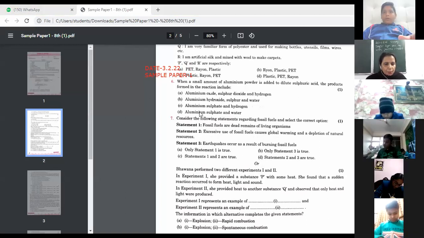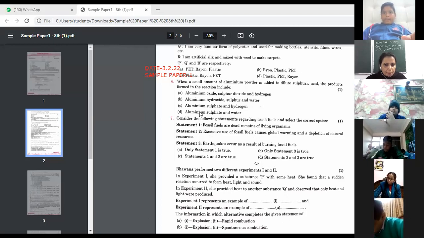Options are: aluminium oxide, sulfur dioxide, and hydrogen; aluminium hydroxide, sulfur and water; aluminium sulfate and hydrogen; and the fourth option is aluminium sulfate plus water.